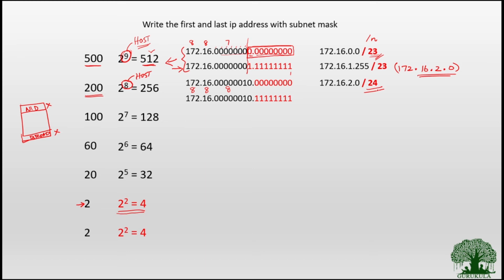So 3 times 8 gives us 24, which means 24 bits are used to represent the network part. And similarly for the last IP address, you will get 172.16.2.255/24.